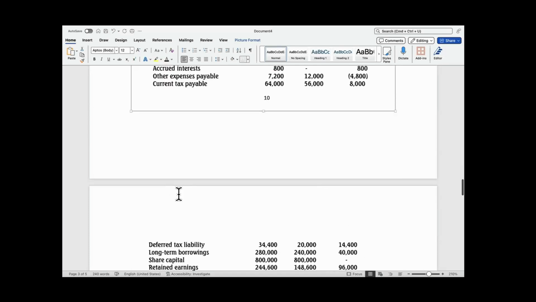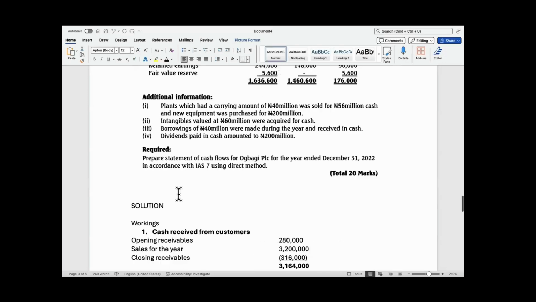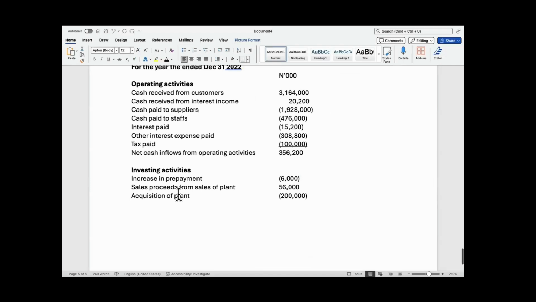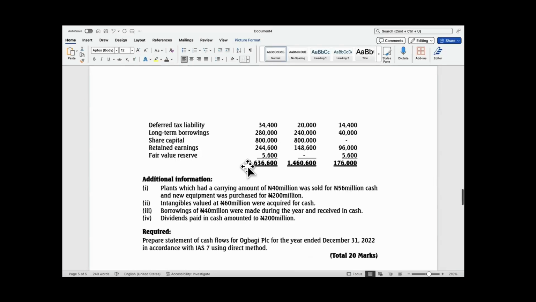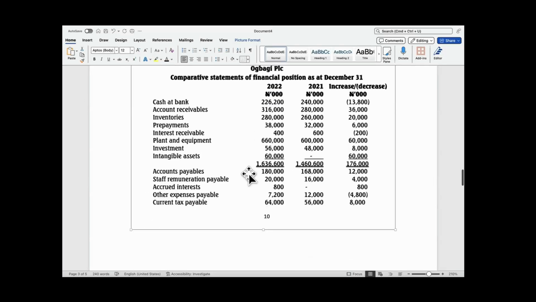So do we have any other item that goes to investing apart from these three? That is all. Because looking at it, except intangible assets. Okay, so intangible asset in 2021 is 0, in 2022 is 60,000.